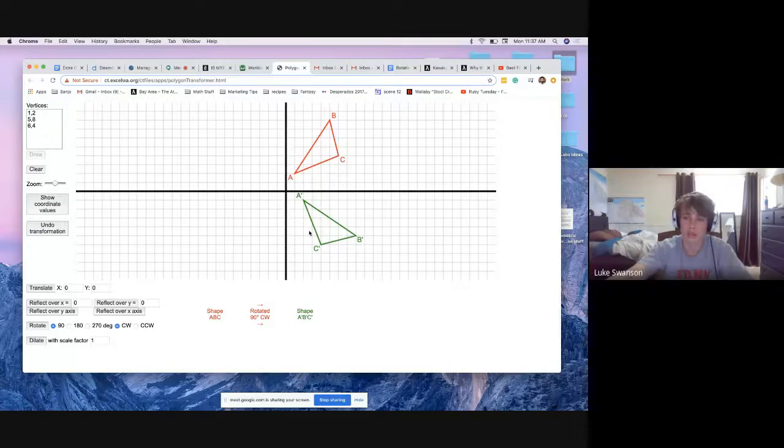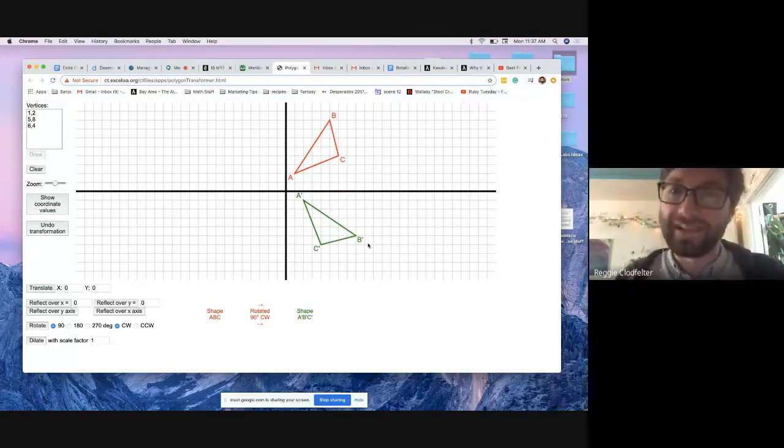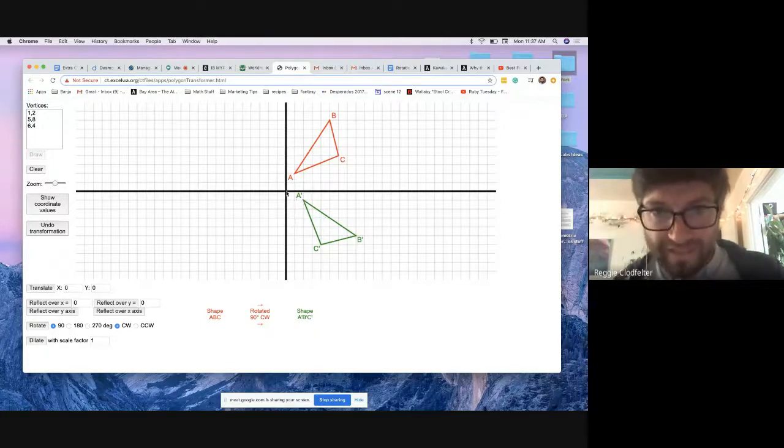It's the same distance. It's exactly the same. And is B prime the exact same distance away from the center of rotation as B? Yes. And C prime is the same as C. So when you rotate an image, the points on the image should always be the exact same distance away from the center of rotation as the points in the pre-image.